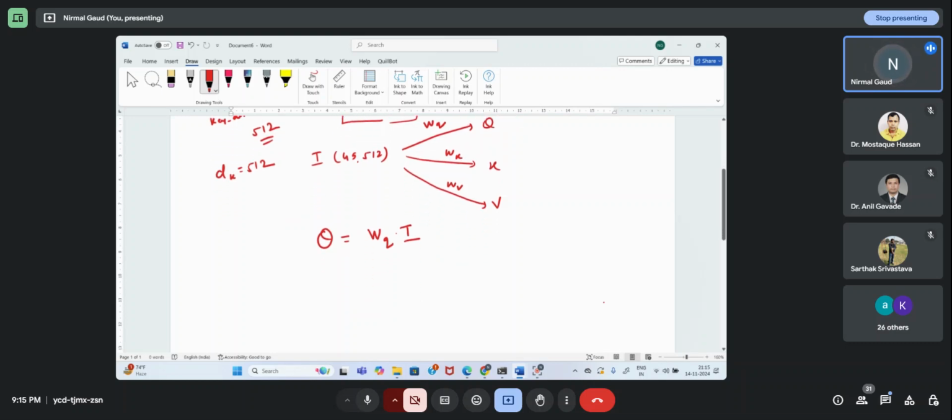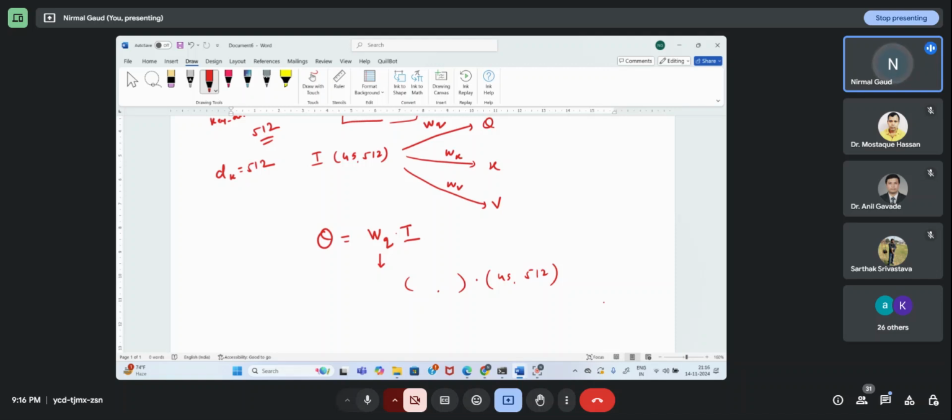So what will be WQ? What will be the dimension of WQ? See, I is, okay, let me put it here. This is the dimension of WQ. And here the dimension is 49, 512. That's what I'm writing.